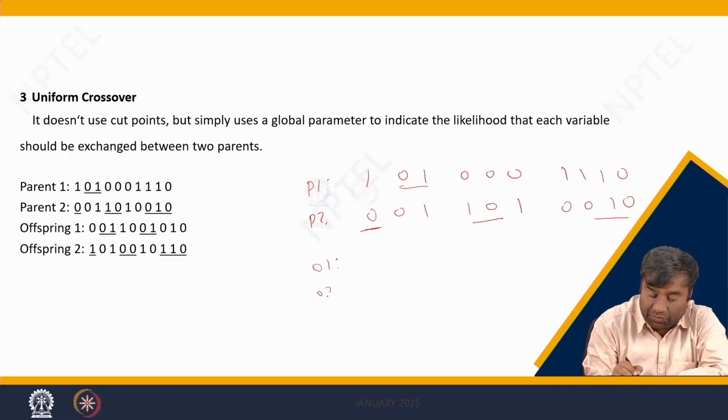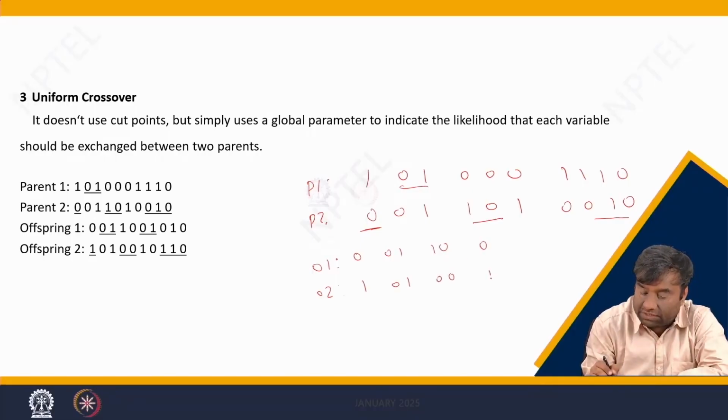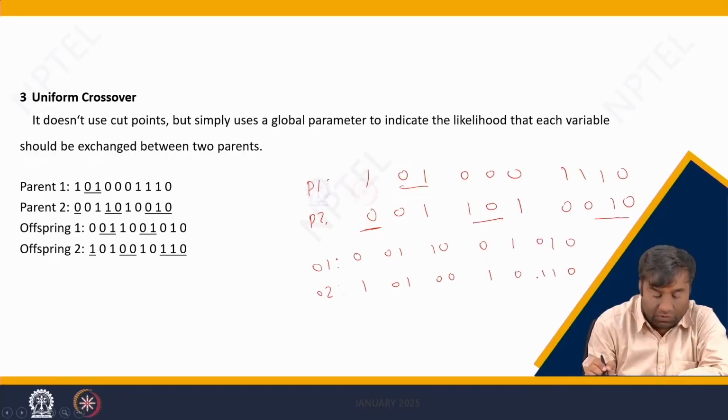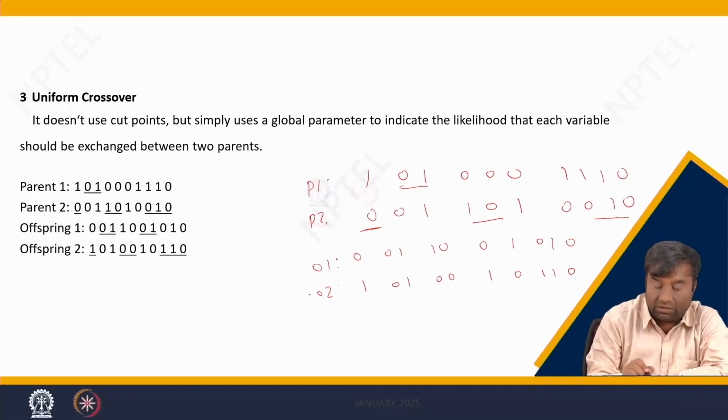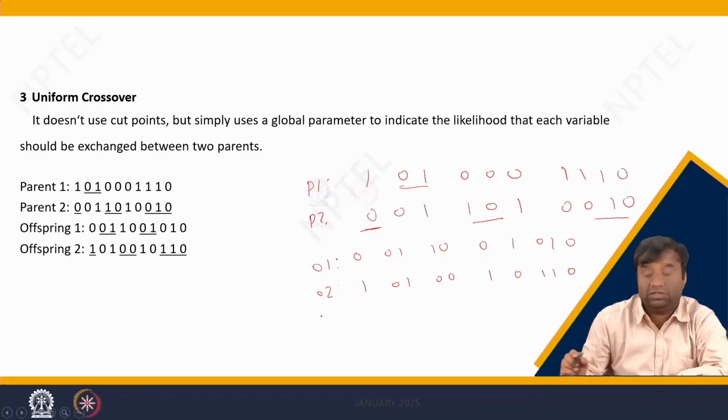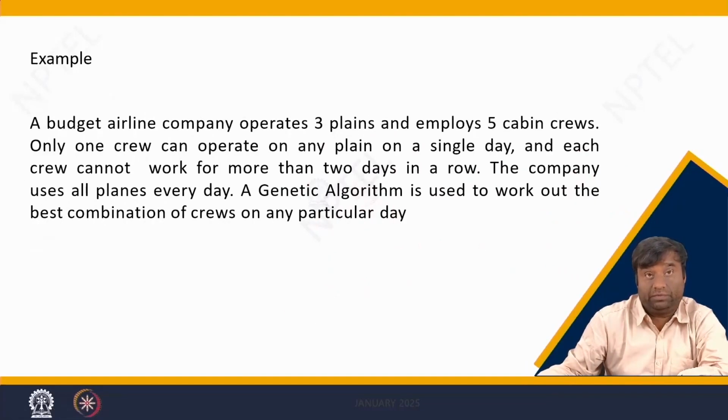So offspring 1 and offspring 2 will exchange. This is exchange 0 1, this is exchange 1 0 0 0. This is not exchanged, this is also not exchanged. Now it is 0 1 0 1 1 0. So that is basically offspring 1 and offspring 2. That is uniform crossover.